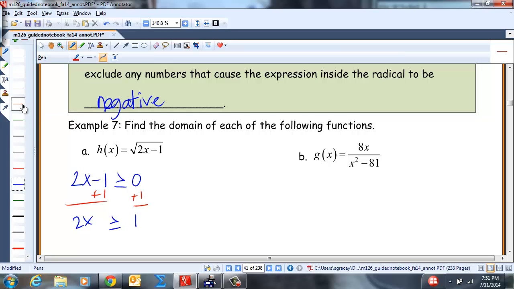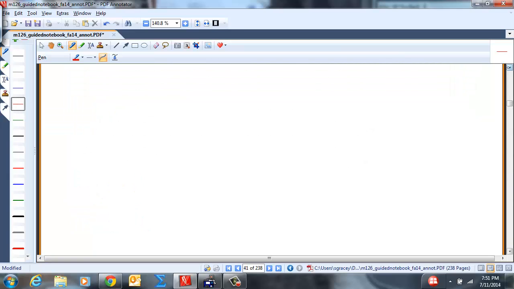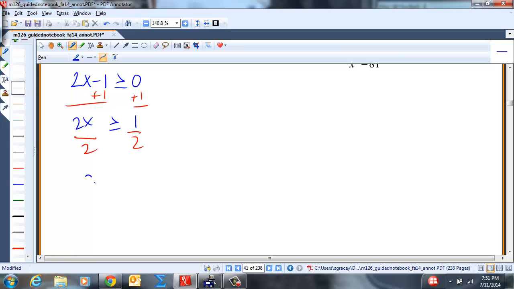Dividing both sides by 2 to isolate the x, we will get x must be greater than or equal to 1/2.